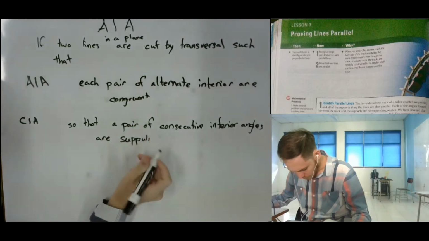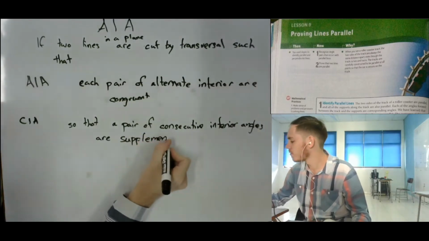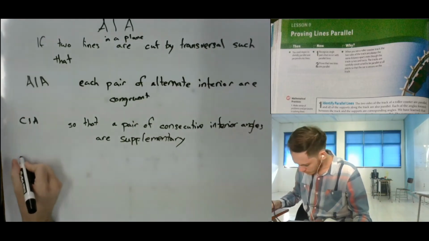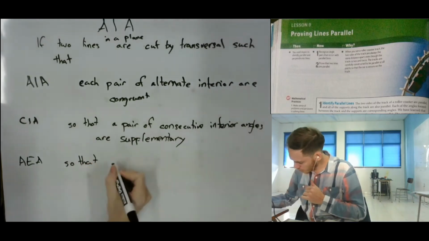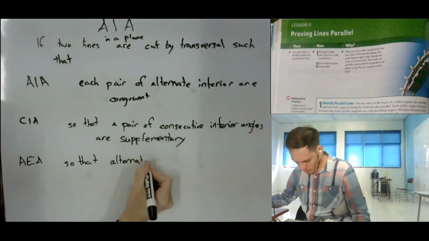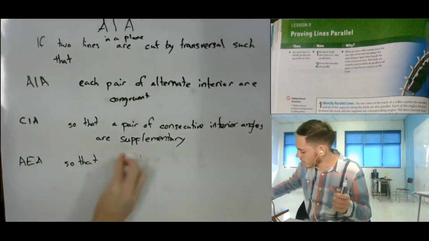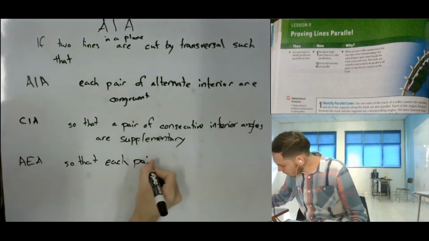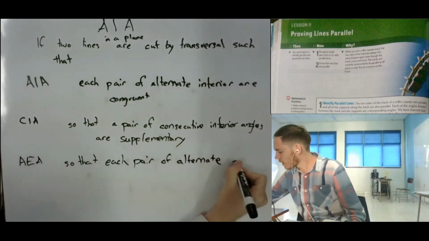And then the alternate exterior angles, so that each pair of alternate exterior angles are congruent. Apologies, I'm trying to keep track of all of these.